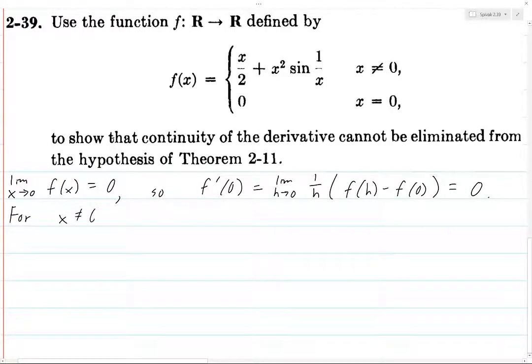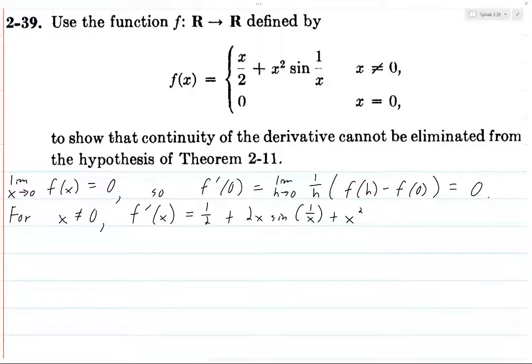Now for x not equal to 0, we can actually compute f prime of x directly. So the derivative of x over 2 is going to be 1/2. Then for the derivative of x squared sine of 1 over x, we're going to have to use the product rule. So we're going to have 2x sine 1 over x. Then we're going to add x squared times the derivative of sine of 1 over x. So we have to apply the chain rule now. The derivative of sine is cosine, so we have cosine of 1 over x.